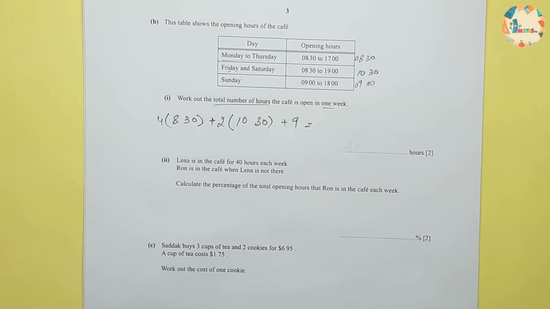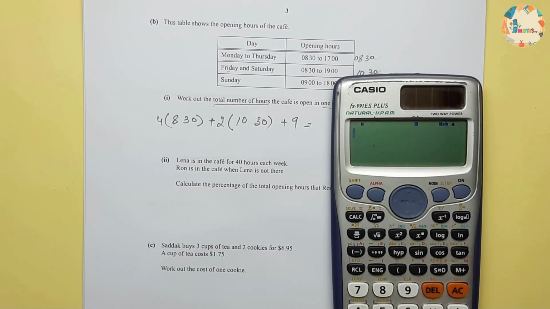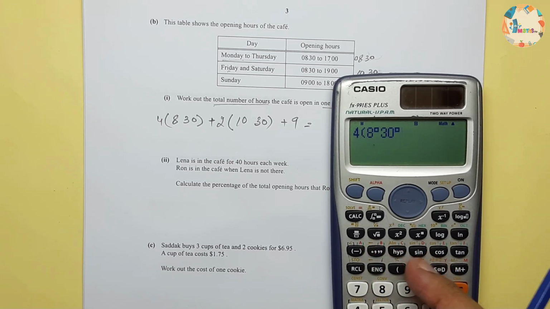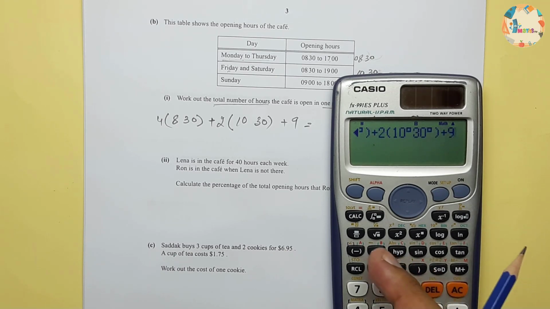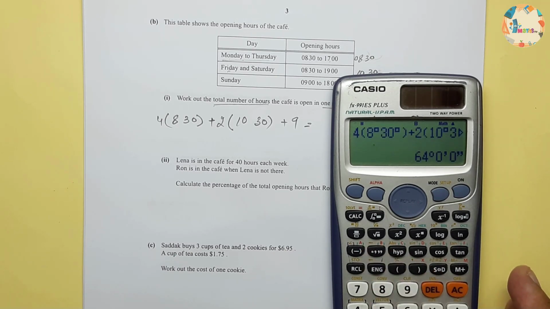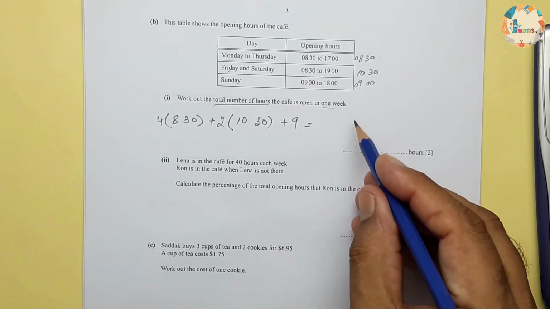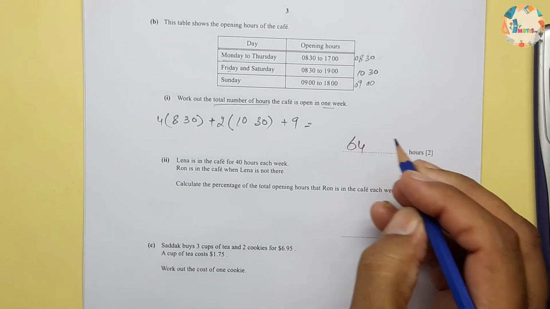If we solve this with the calculator, 4 multiplied by 8 hours and 30 minutes, plus 2 multiplied by 10 hours and 30 minutes, plus 9 hours, this will be equal to 64 hours. So we can write here 64 hours.